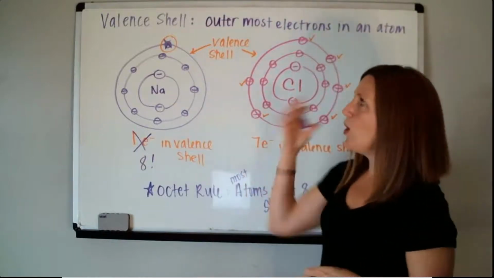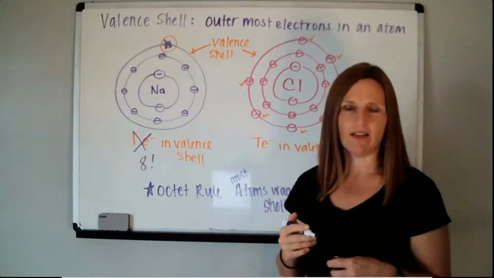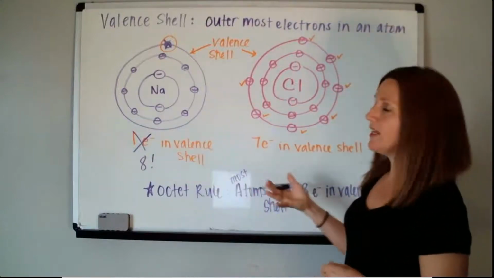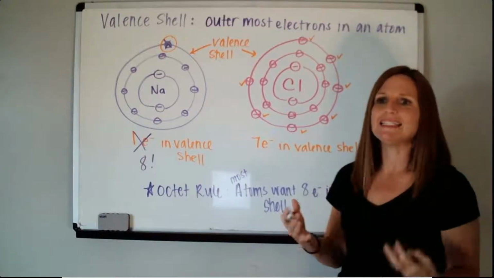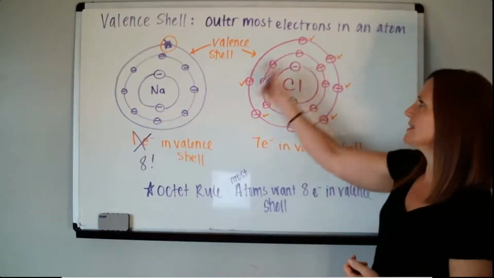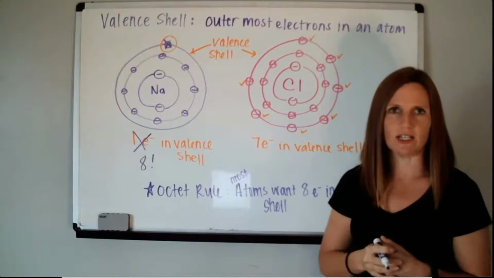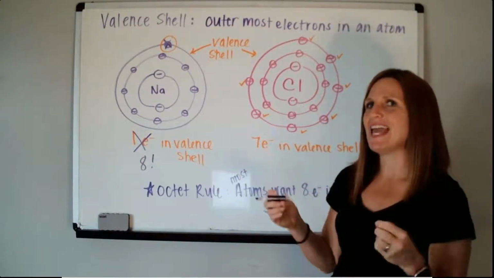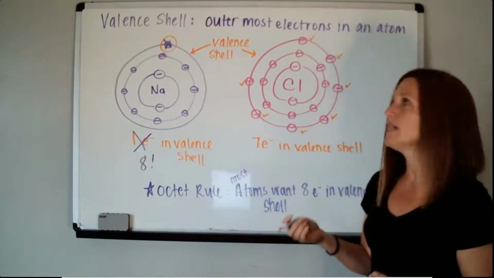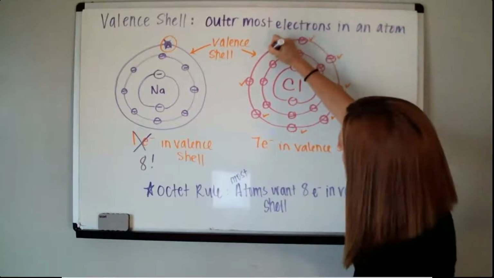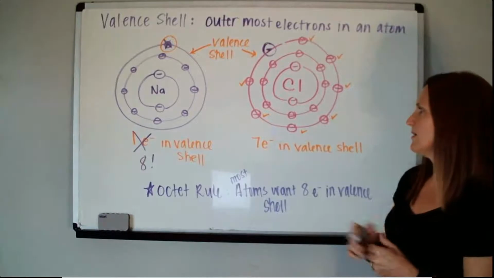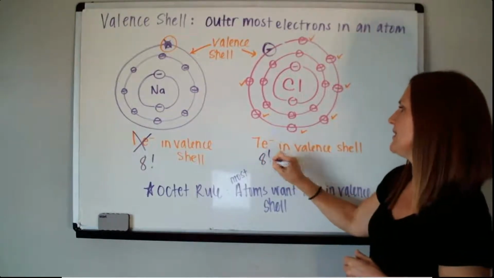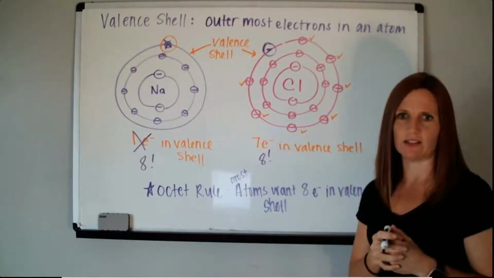So sodium wants to lose an electron, where chlorine has 7 electrons in its valence shell. It doesn't want to have to try to lose 7 to get 8 electrons. It would rather gain 1 electron here to get 8 electrons in its valence shell.